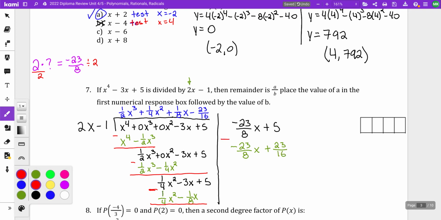And then subtract. Again, these things will cancel out. Now I'm going to calculate my remainder. So 5 minus 23/16. Math frac that. 5 minus 23/16 gives you 3.5625. Math frac. I get 57/16. This is my remainder.